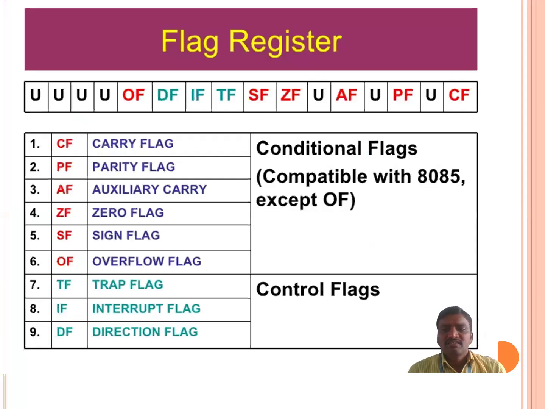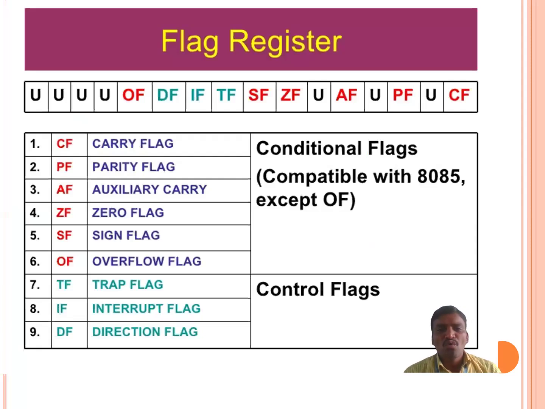In other words, suppose you are performing signed operations. What are signed operations? They are operations between negative numbers. In that case, the sign flag is equal to the MSB of the result. Whatever the MSB is, that is the same as the sign flag. That is the use of the sign flag.